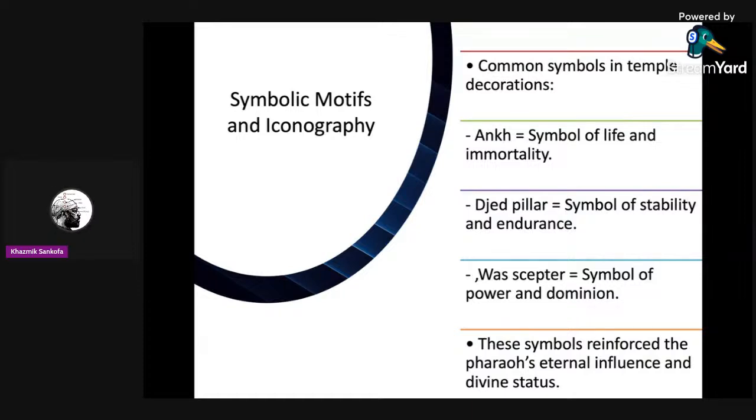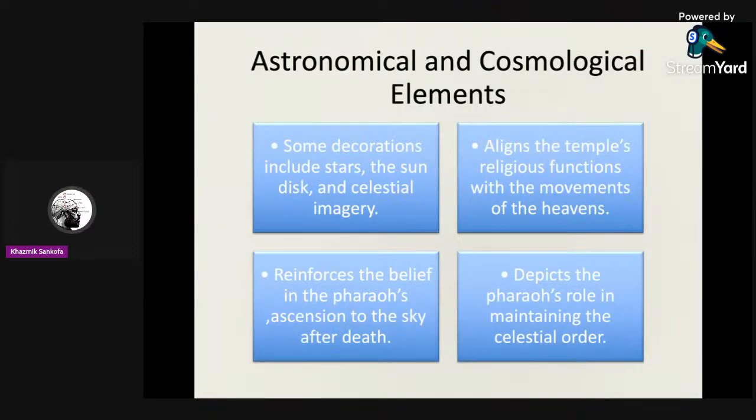I definitely need to have these symbols here in this slide because I realize many brothers and sisters that are going to be watching this are not going to be aware of what the Ankh or the Jed pillar, the Wasp scepter is. When you look up at the temple on the ceilings, you're going to see the stars and the sun, and that's going to have philosophical, spiritual significance, because in Kemetic theology, when you transcended and became a righteous being in death, you became an Ak, an enlightened one, right?